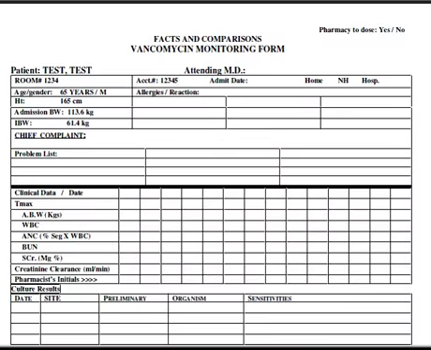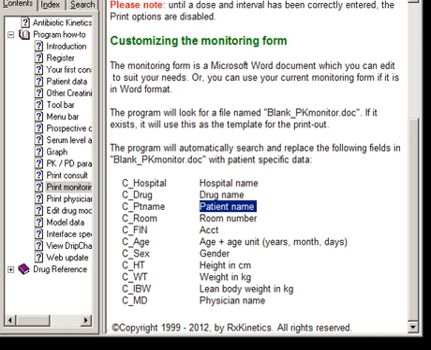Like I say, if you have a monitoring form that you use at your hospital, save it with this name, and you can plug these fields in. These fields are optional. You don't have to enter any of them. But by doing so, the program is going to print you out a nice monitoring form specifically for that patient.